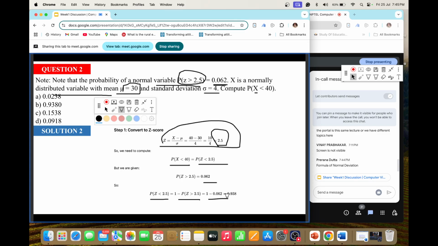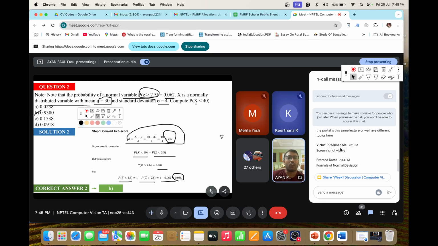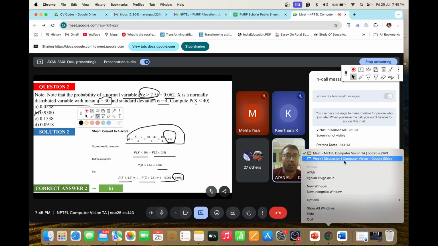So 1 minus 0.062 is 0.938. So 0.938 is your answer, that is option B. Again, is it clear to all of you?